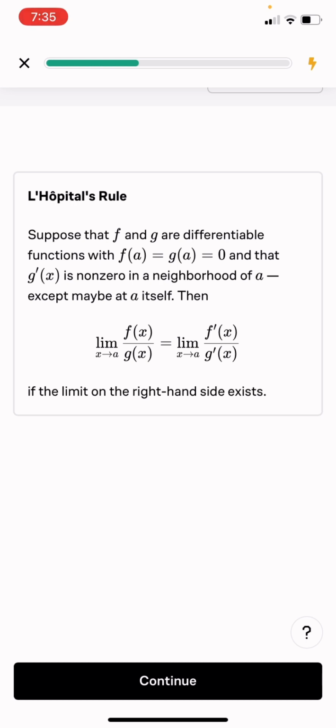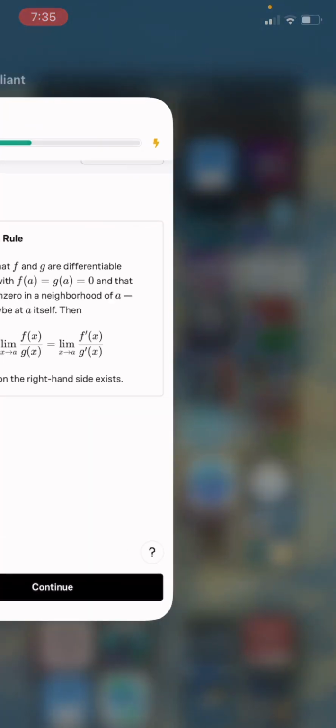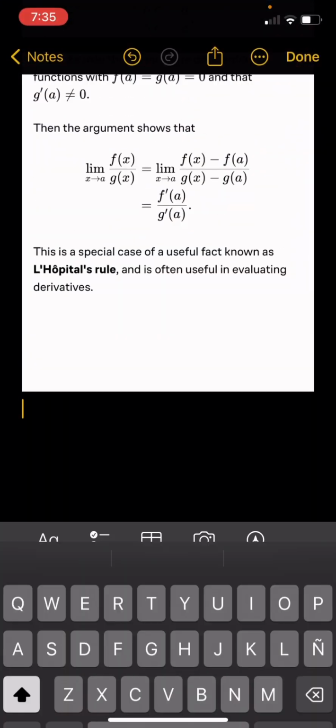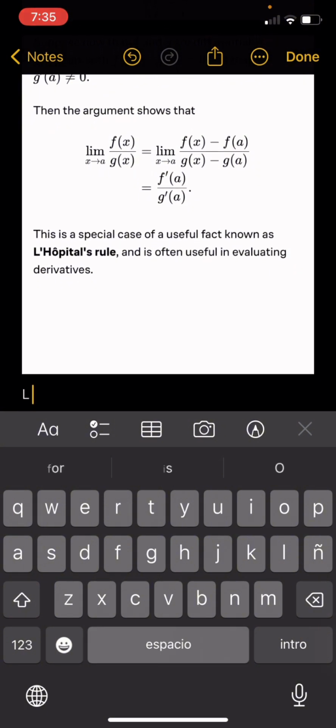L'Hopital's rule. Yeah, I'll take another picture of that.